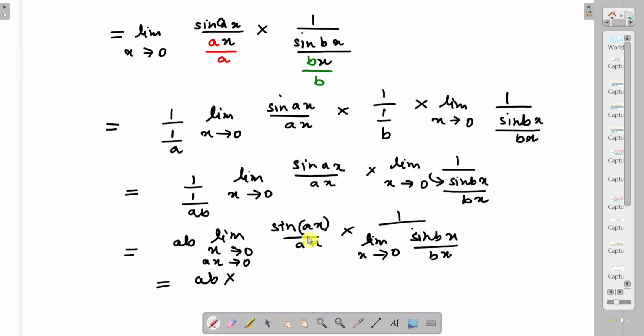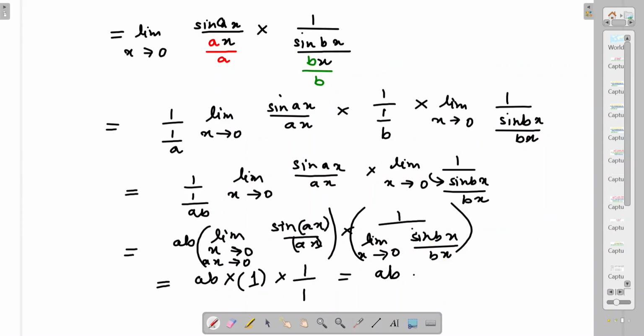You should have both the variables same, ax here, right? So this will be 1, and multiplied by 1 divided by this limit, which will also be 1, right? Limit sine bx divided by bx, that is 1. This will be equal to ab. So ab is the answer.